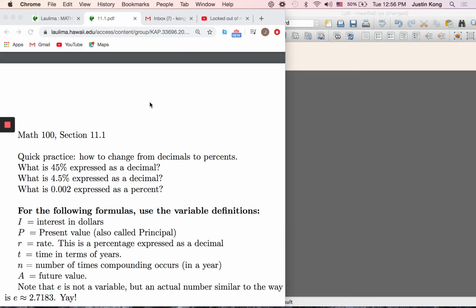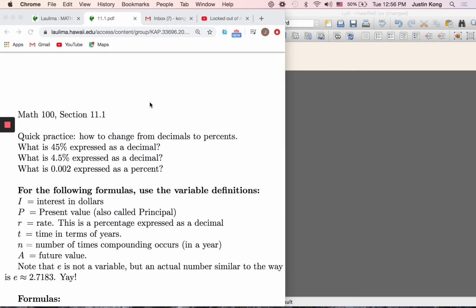11.1 is just introducing you to some of the main formulas, in particular for interest, like compound interest and simple interest, when we're talking about finance. I know it's something you don't necessarily want to think about, but it's something you'll probably have to encounter in life.